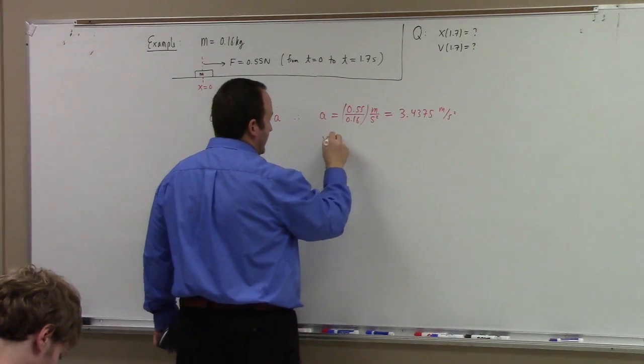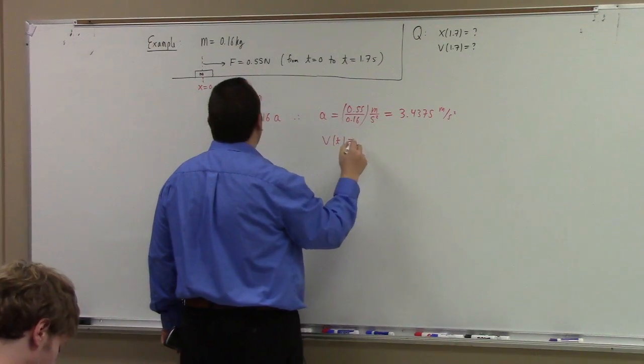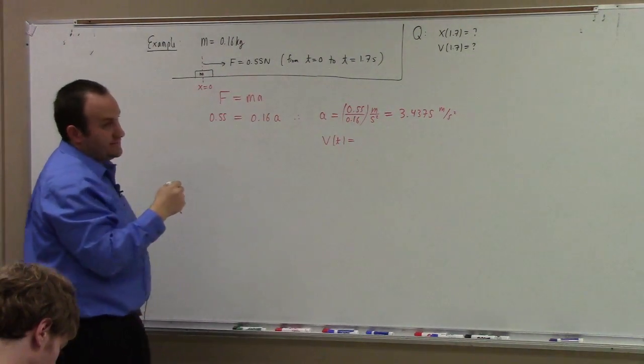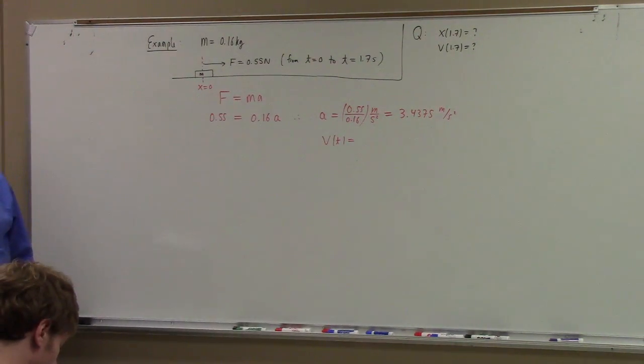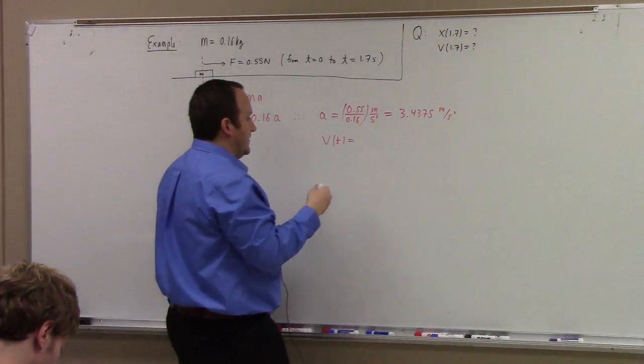So v at time t is, and it's at rest to start with, right? The initial velocity is 0. Now in part B, that won't be the case anymore. For part B, your initial velocity will be whatever, well, you'll have to figure that out.